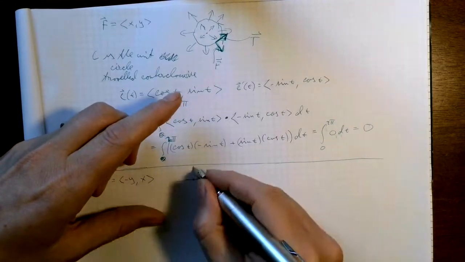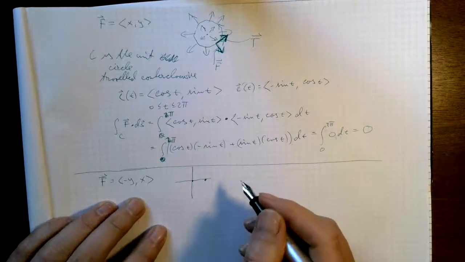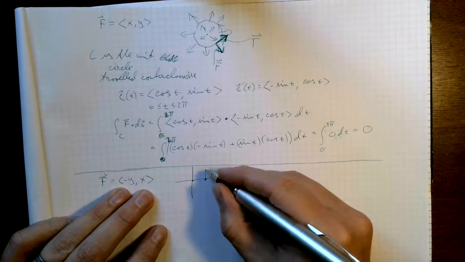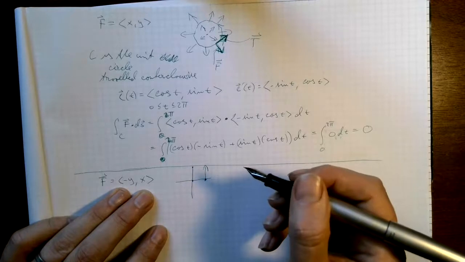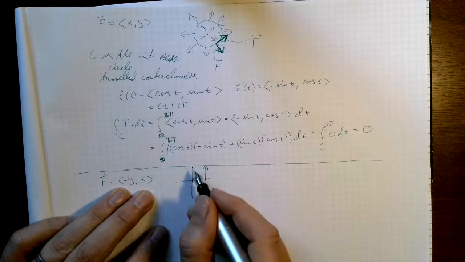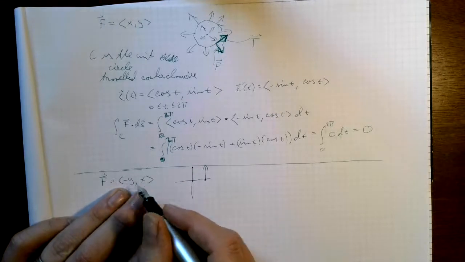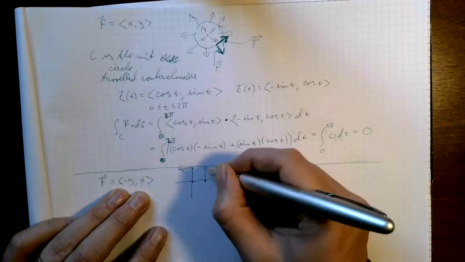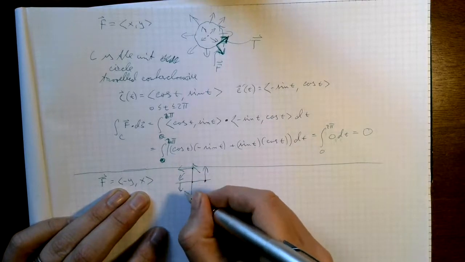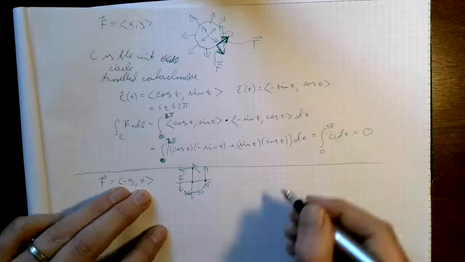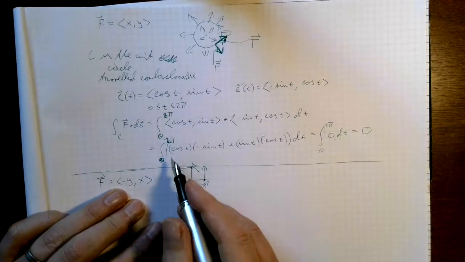If I'm somewhere over here, let's say at 1, 0, I get 0, 1. And at 0, 1, I get minus 1, 0. So I get this, and over here I get this. I'm getting something that rotates, and it actually rotates along the direction in which c is traveling.